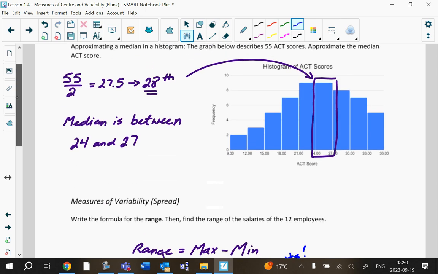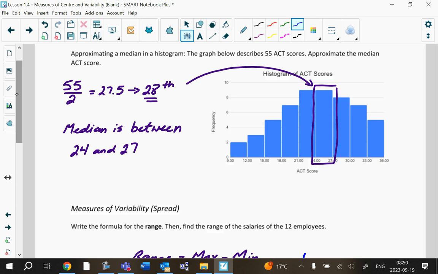Yes. It's not extremely accurate. Is that why we say it's in between the two numbers? Yes. I don't know. All I know is that it's somewhere between 24 and 27. It could be 25. It could be 26. I only know that there are 9 numbers between 24 and 27.